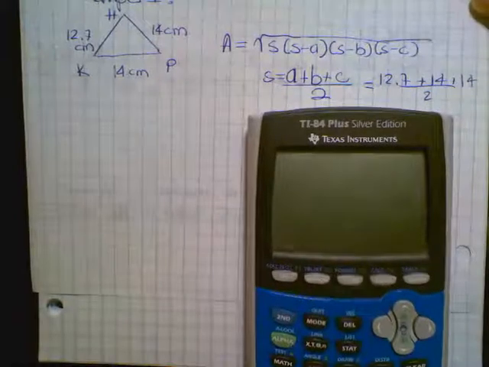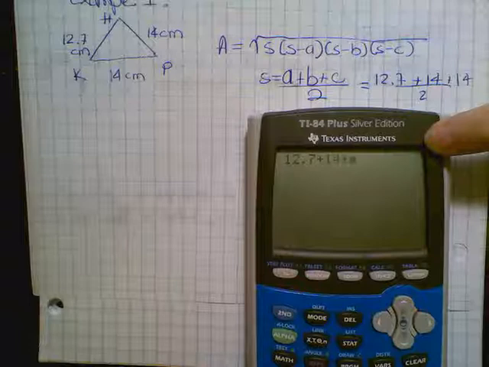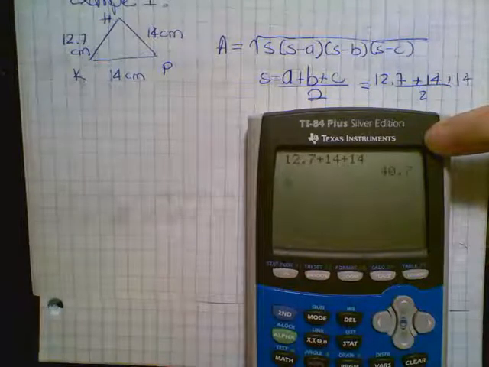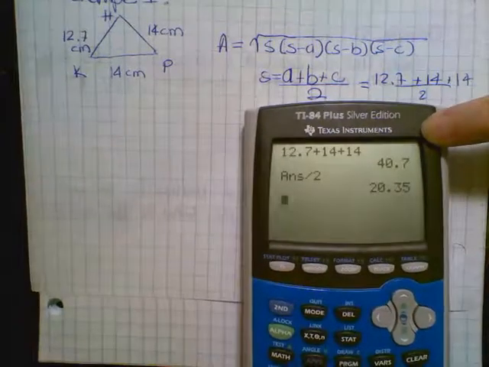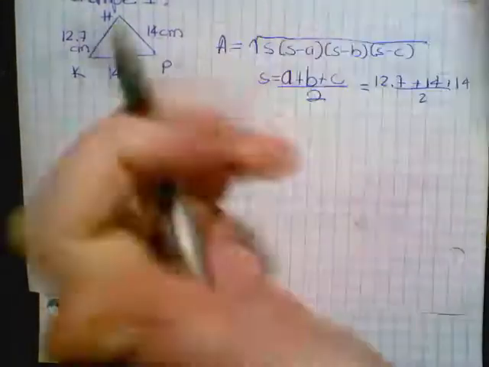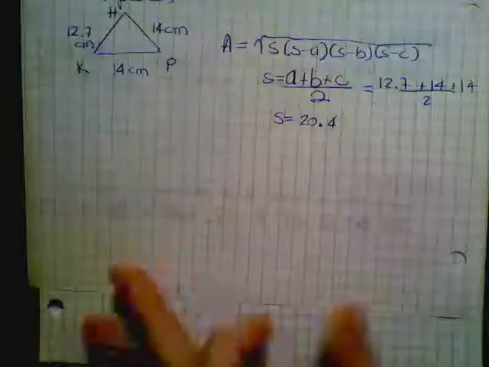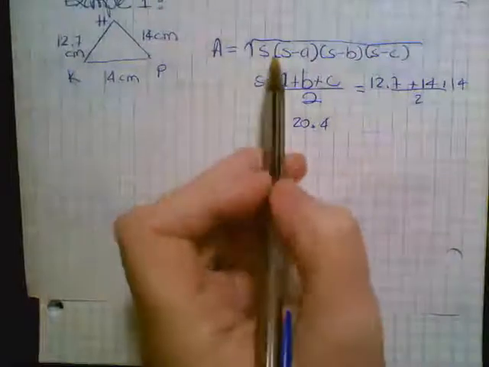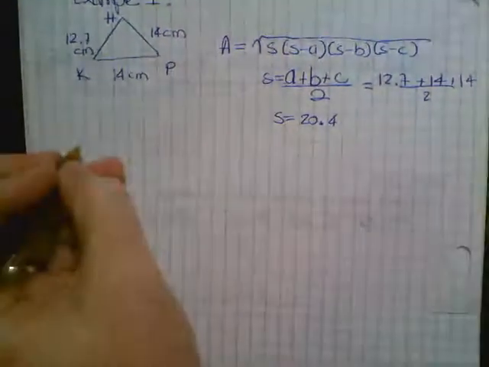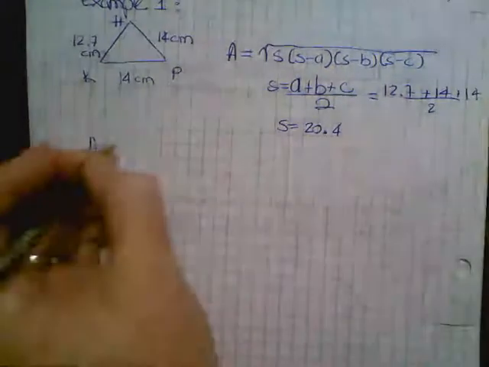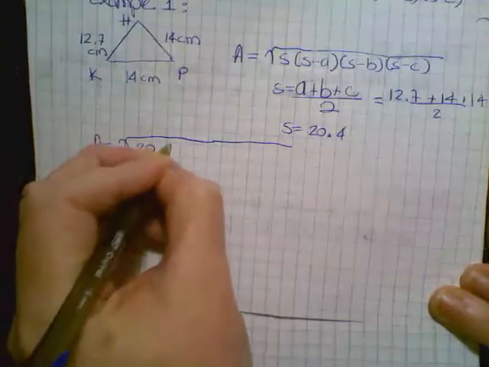So I got S is 20.4. Okay, so now I need to do this part. And if you want to write the whole thing out, you can. I tend to do it because I don't want to mess up. And like I said, I always use the calculator when I'm doing this.